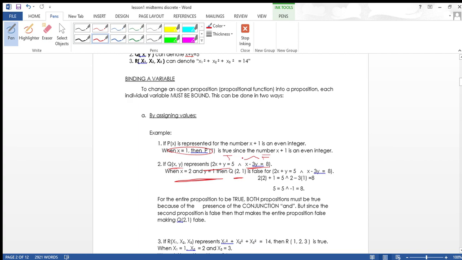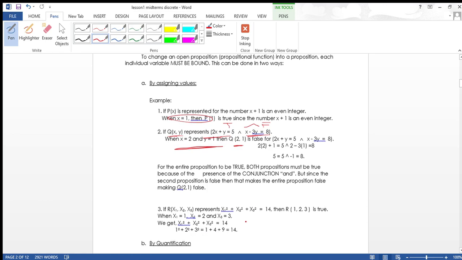So if we have our conjunction and, both propositions must be true to make the entire proposition true. Since one is false, then the entire proposition is false. Therefore, if x is 2, y is 1, then q of 2, 1 is false.